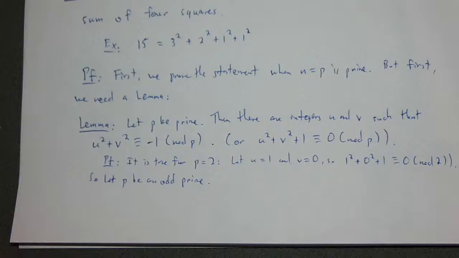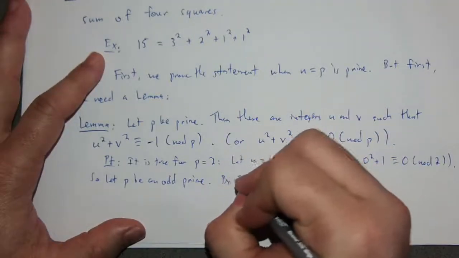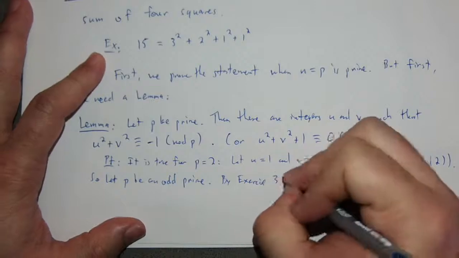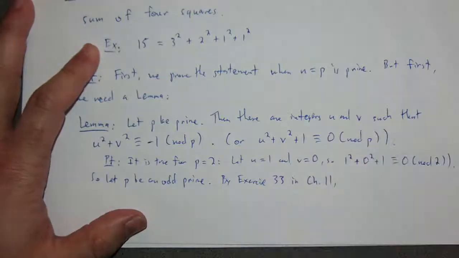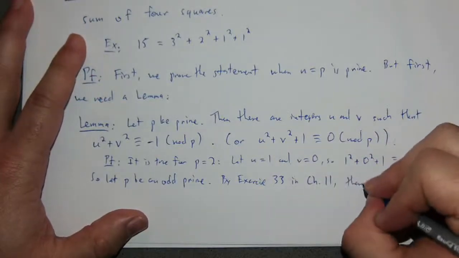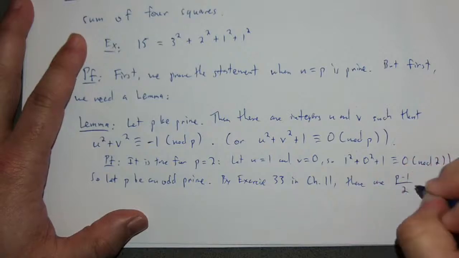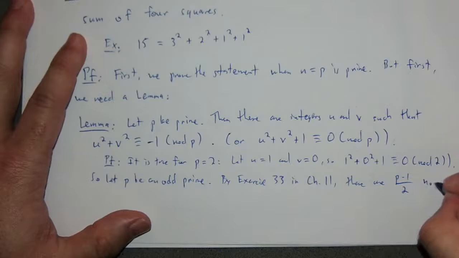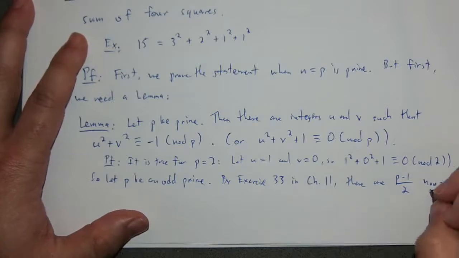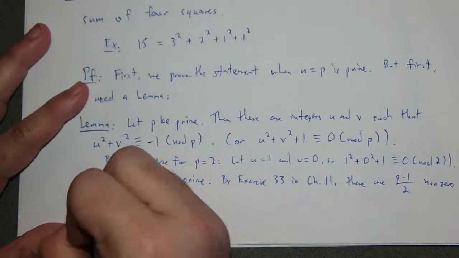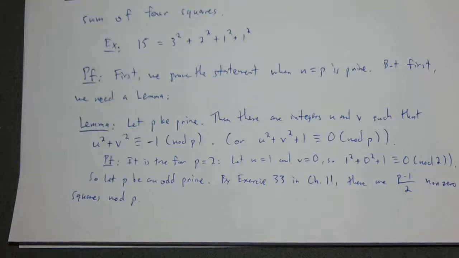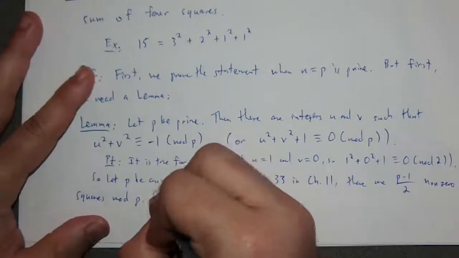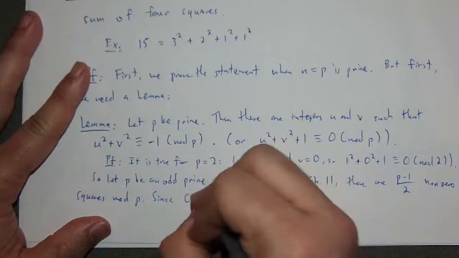Now, by exercise 33 in chapter 11, there are (p minus 1) over 2 non-zero squares mod p. But 0 is also a square.